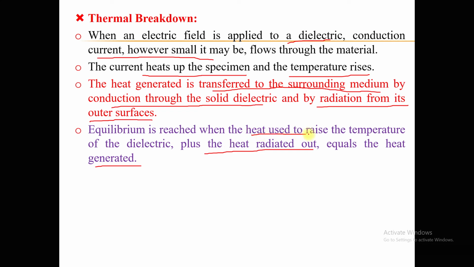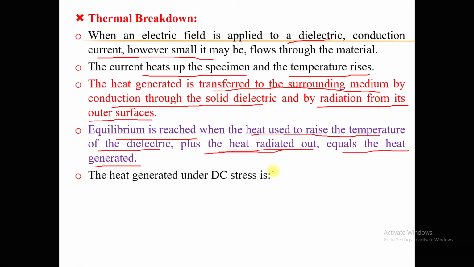Okay, the heat used to raise the temperature of the dielectric represents the convection phenomena, plus the heat radiated out, which is the heat radiated from the surface of the solid dielectric into the surrounding region, is equal to the heat generated. Okay, so when this situation happens, we can say it is in an equilibrium condition.